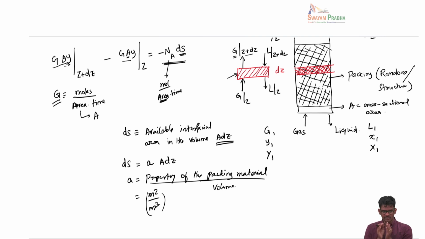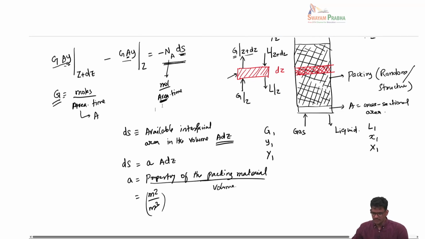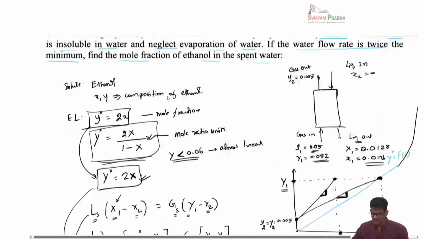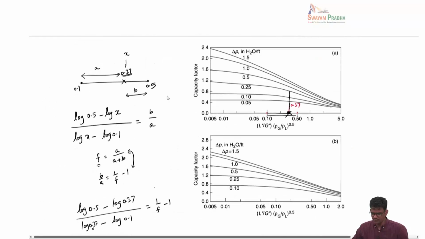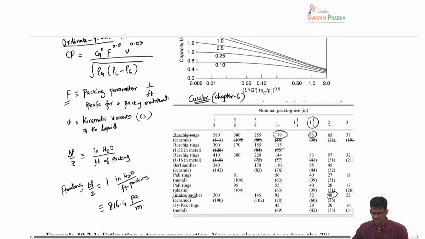Now, to calculate this interfacial area, we have to recognize that this interfacial area is a very strong function of the packing material. Just like in the calculation of pressure drop, we define a flow parameter F for different packing. Similarly, in the same table, if you see, the interfacial area is also given. If I go back to one of these previous classes, which I asked you to ignore before, now I am going to ask you to pay attention to.